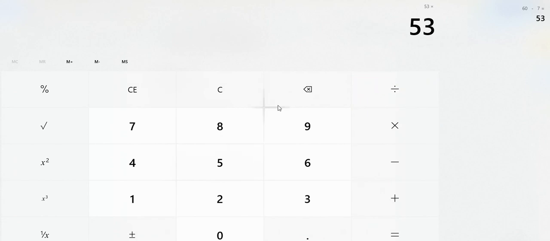Times 9 months, that will give you 477% per year. So at the end of the year, your money is five times what it was before. If you have this kind of result, it's insane.